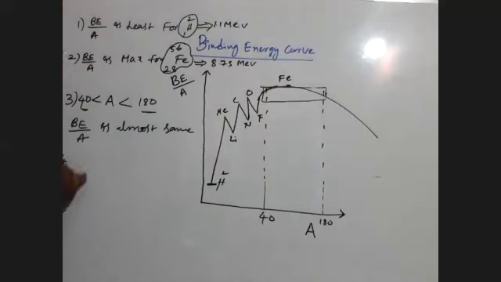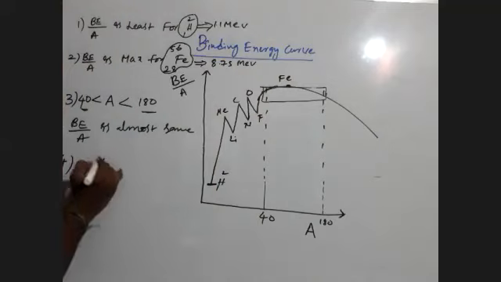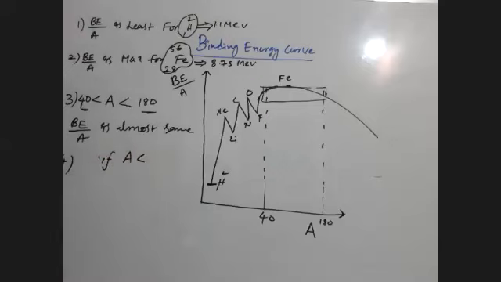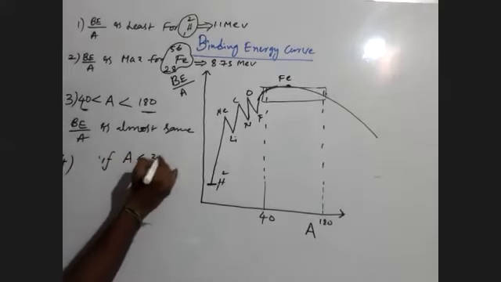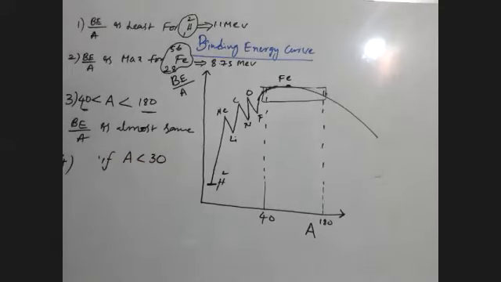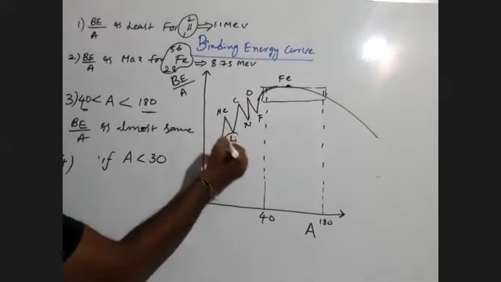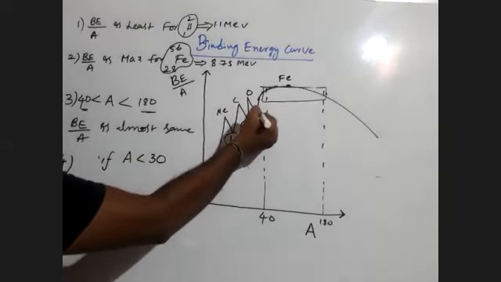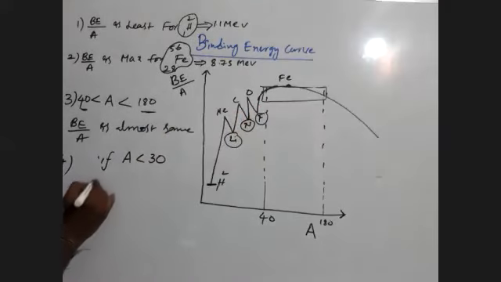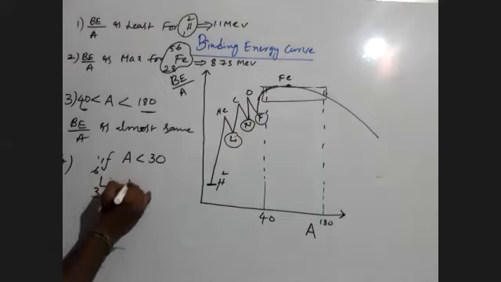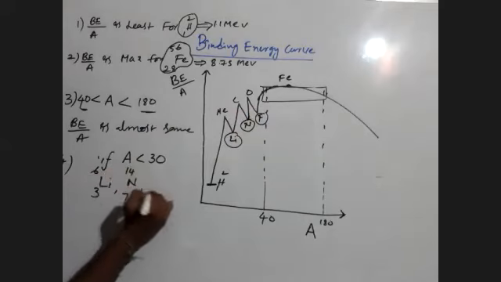Then the fourth point. If A is less than 40 or 30, the graph is not uniform. Suddenly it is peak and low, peak and low. See the elements lithium 3 6, nitrogen 7 14, fluorine 9 18.